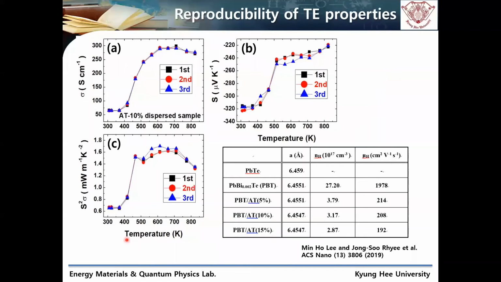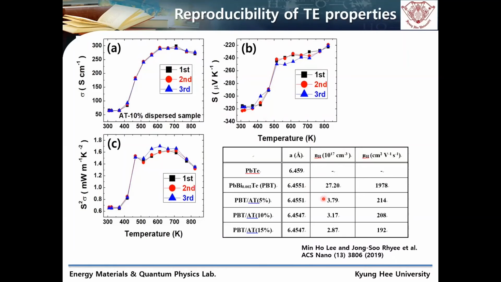And when you consider the whole carrier concentration and mobility, lead telluride and bismuth lead telluride show this behavior, but with the small addition of silver telluride there is a significant decrease of charge localization, and the whole carrier concentration decreases by one order of magnitude.